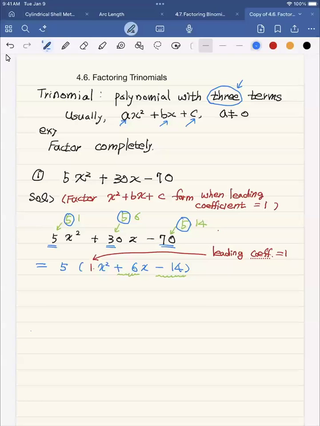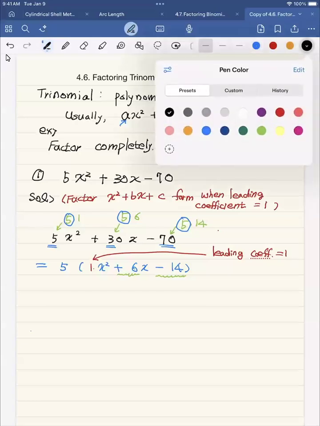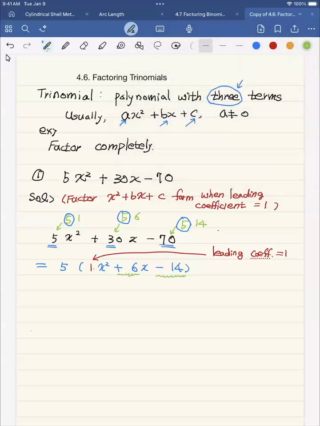So we have some possibilities. Those are 2 times 7 and 1 times 14. When we add them up, that must make the number in front of x, which is 6.